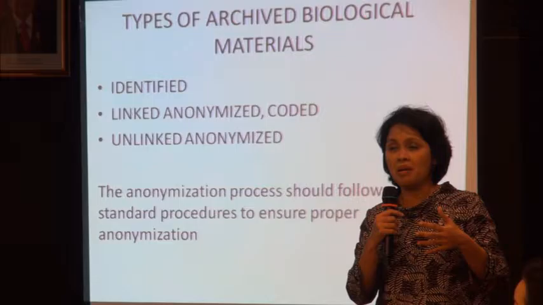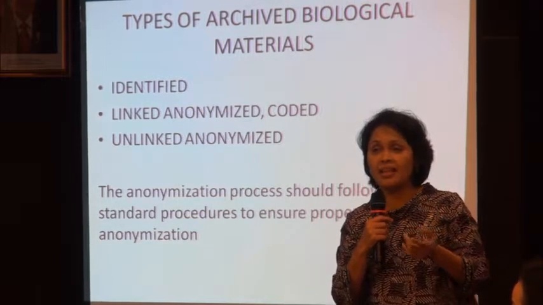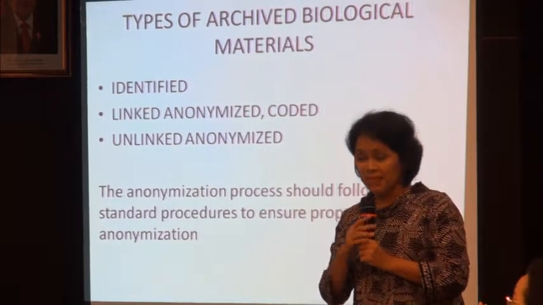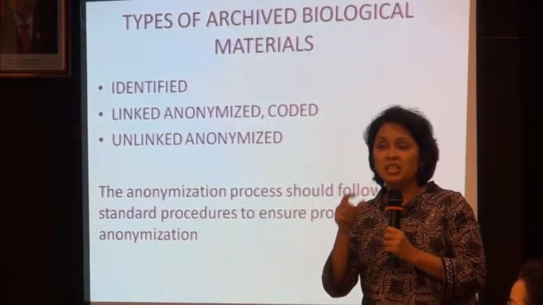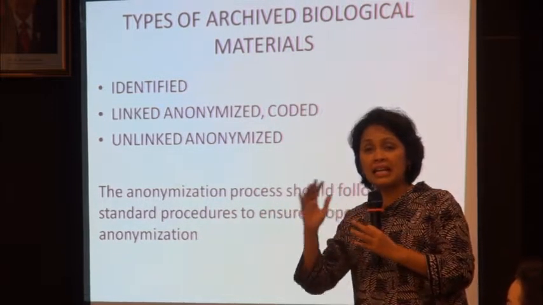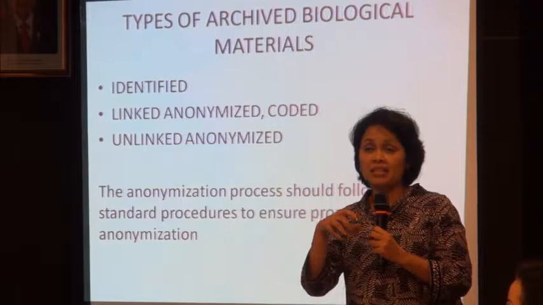It's completely anonymized and it cannot be linked. And the middle, linked anonymized, Maimuna has explained, you can still link it with some identifier later, but when you work with it, it is anonymized.